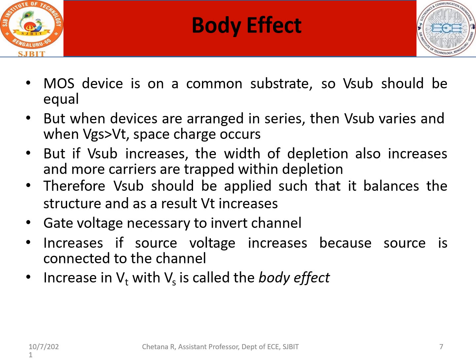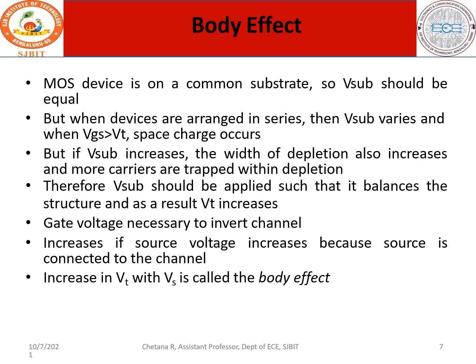Next we have the body effect. Most devices are built on a substrate. The substrate should be properly doped, but when devices are arranged in series, the substrate voltage varies and space charge occurs. Charges vary abruptly, and therefore there is an abrupt variation in the body or substrate.